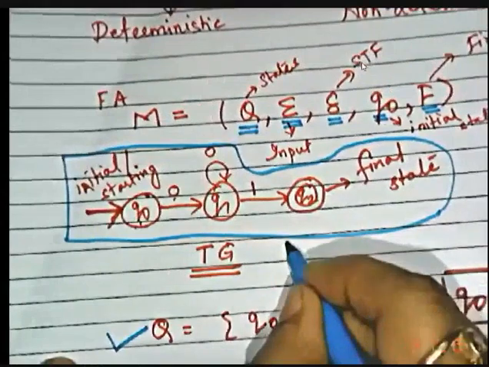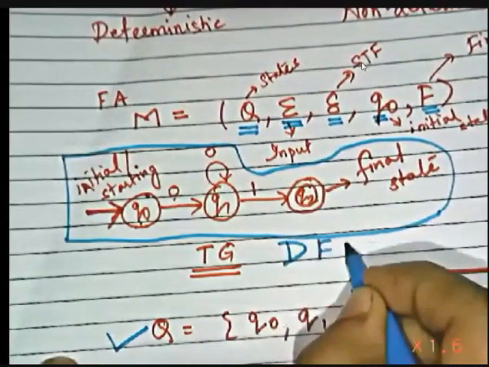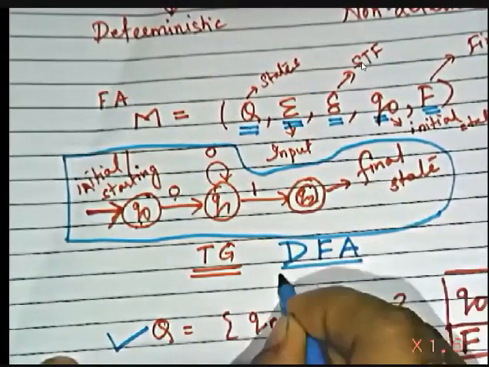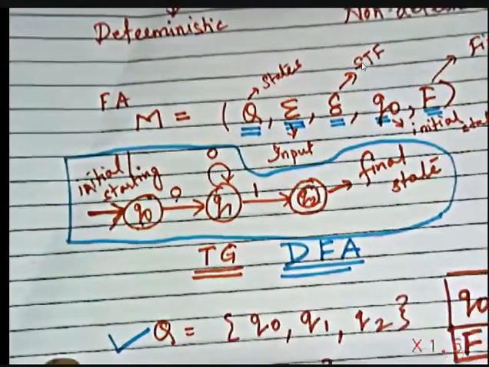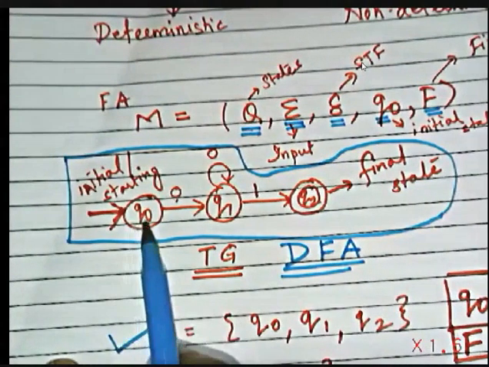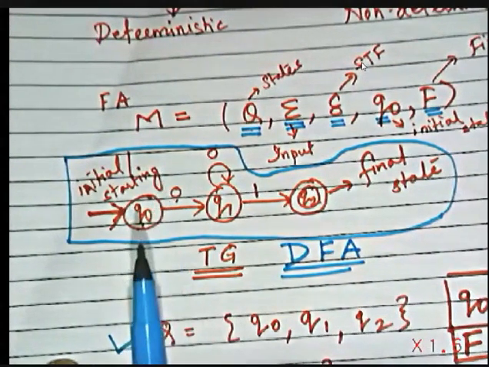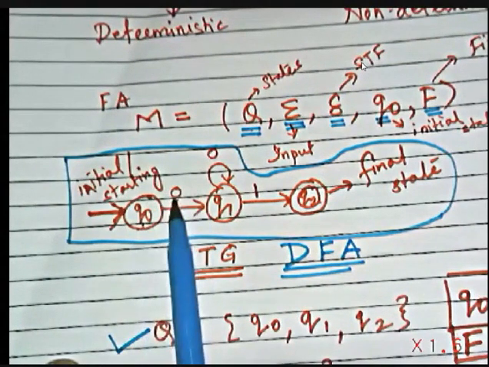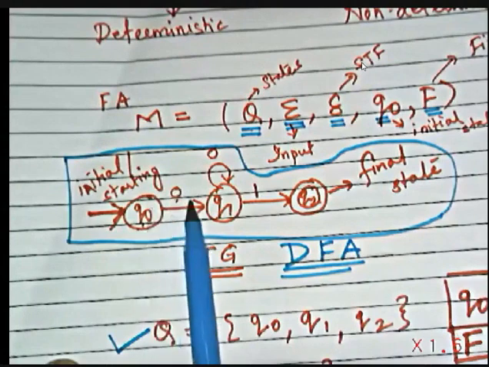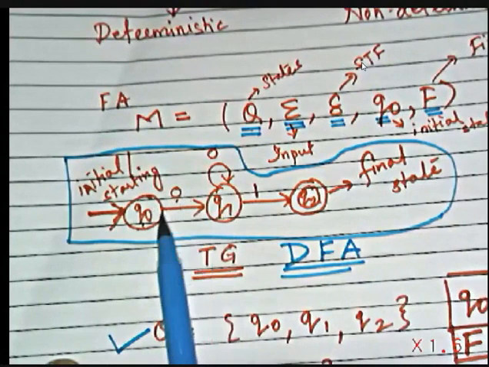So this diagram is an example of a deterministic finite automata. Why? Again repeating, for every state, for the current input symbol, it is only moving to a single state. There is no other transition.